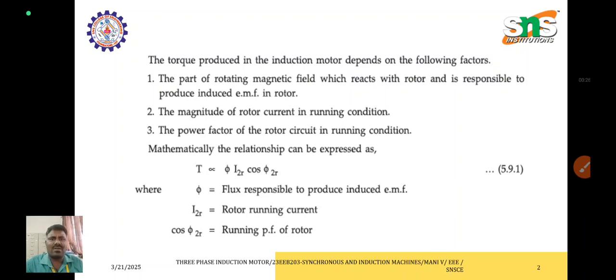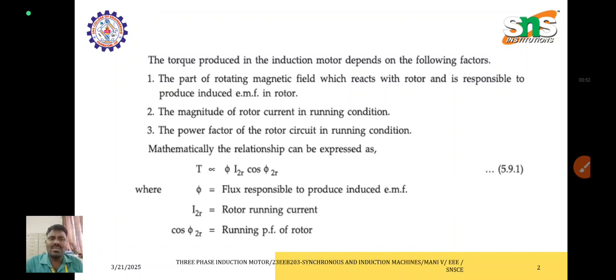The first factor is the flux, which is responsible for inducing the EMF. The next one is the magnitude of rotor current under running condition. And the third one is the power factor of the rotor circuit under the running condition.